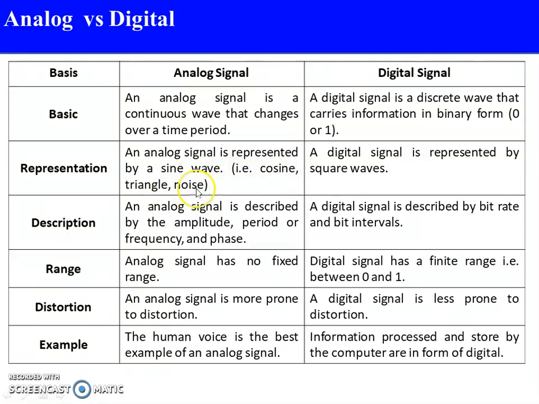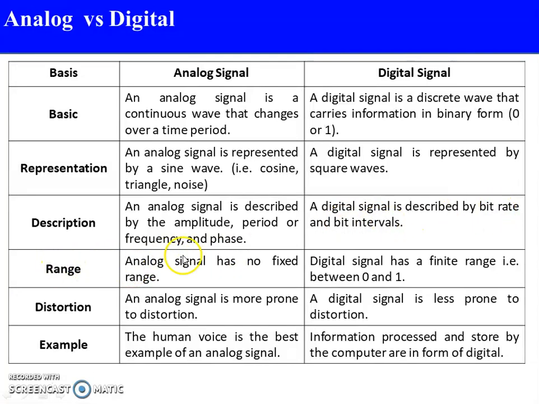It can be a noise signal also. A digital signal is represented by a square wave. From the description point of view, an analog signal is described by amplitude, period, frequency and phase, while a digital signal is described by bit rate and bit interval.